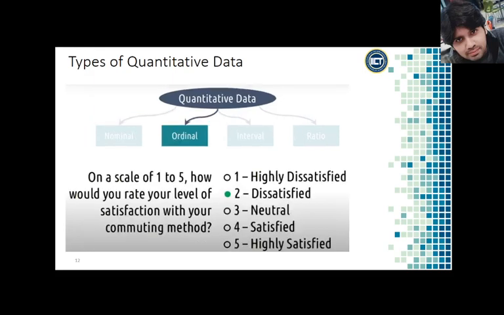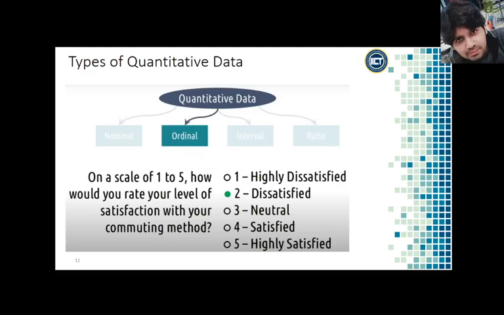Ordinal data is similar to nominal data, but there's some explicit ordering to those different categories. So for example, we might ask on a scale of 1 to 5, how would you rate your level of satisfaction with your commuting method? The user would choose highly dissatisfied, dissatisfied, neutral, and so on. These are still categories, but there is an ordering to them.